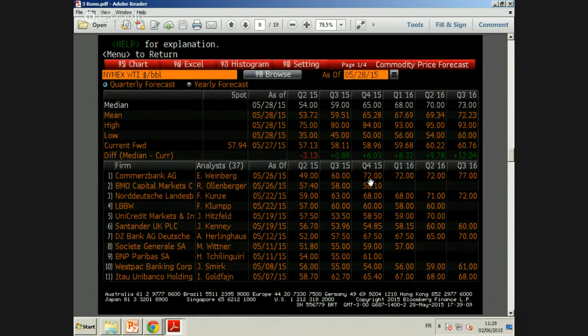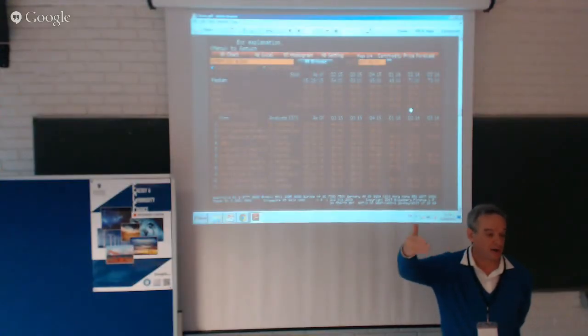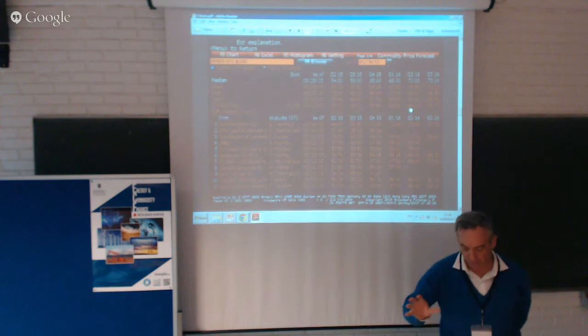Essentially, what you're able to do on Bloomberg is extract what they call a consensus expectation measure. I'm not going to vouch that this is the market's expectation. I'm just giving you this as an indication of the difference between the median expectation of prices and the spot price. You can see that in the situation right now, where we're in a positive correlation, expectation of prices are above the futures.